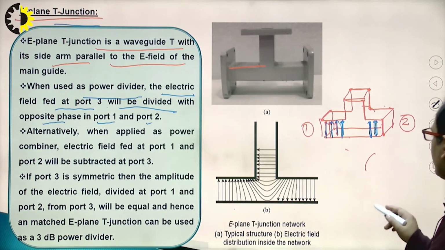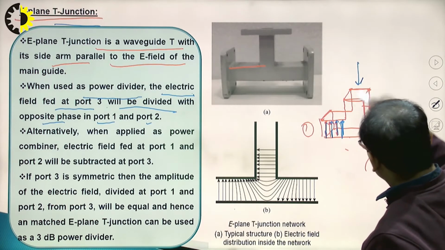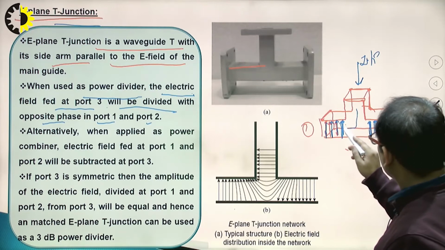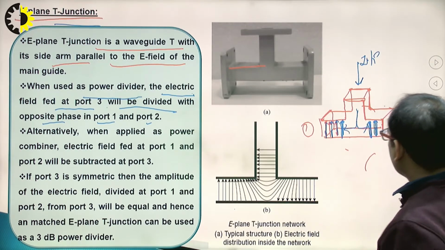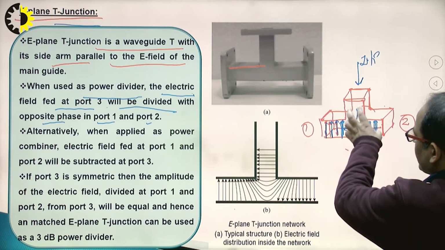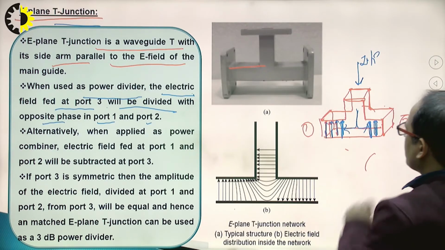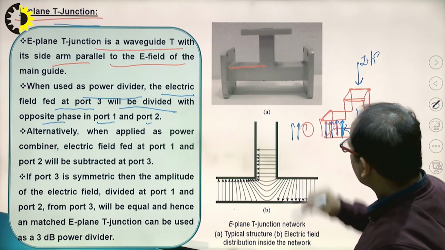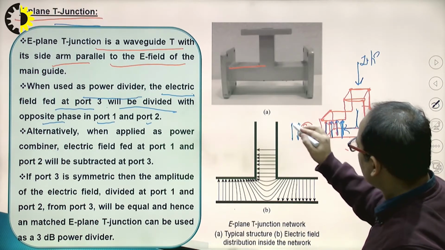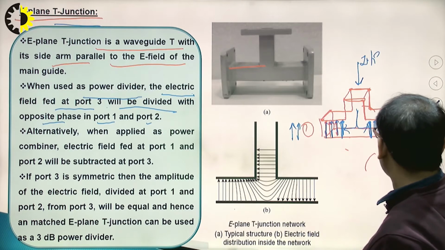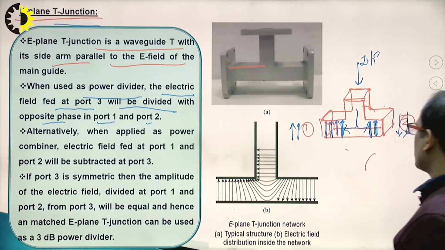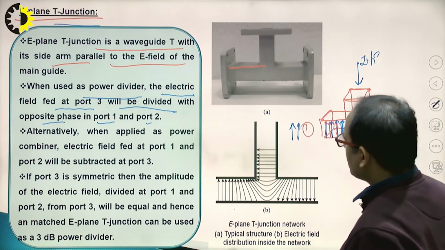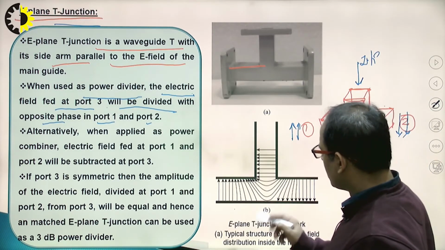Now see, if the whole input is provided to this one, the power will be divided into two parts, port number 1 and port number 2. But if port number 1 has the output electric field in this direction, then port number 2 will have the direction of this one. They will be out of phase. Clear?